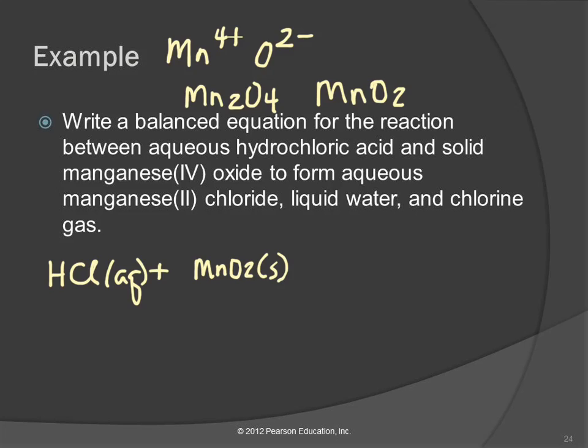To form aqueous manganese 2 chloride: manganese 2, Mn2+, chloride Cl-. So that gives us MnCl2.